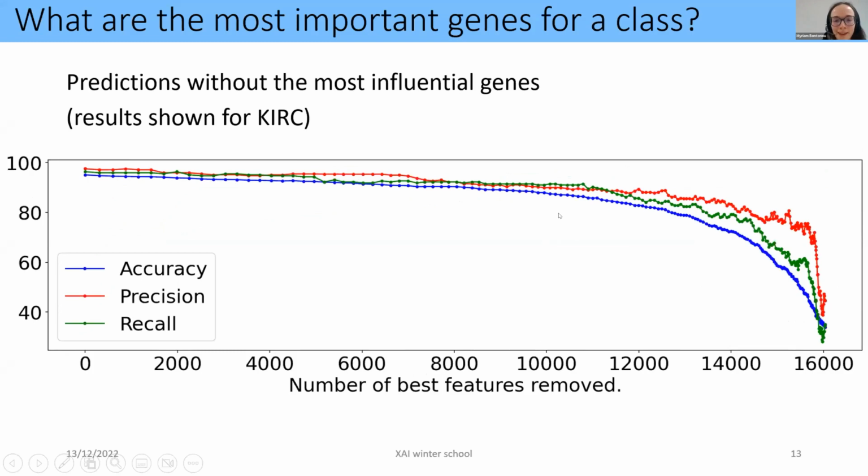So it means that if we remove the 10,000 most important genes, we are still good in our prediction. So indeed, it only shows one thing, which is that our data are highly redundant.